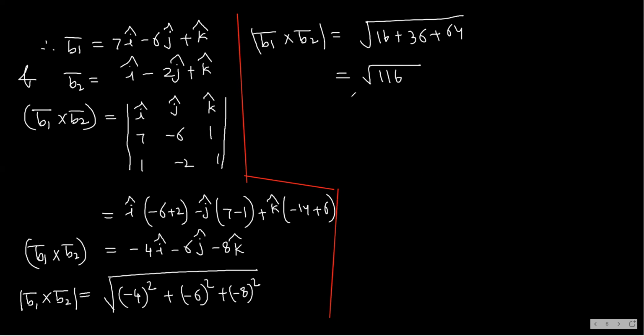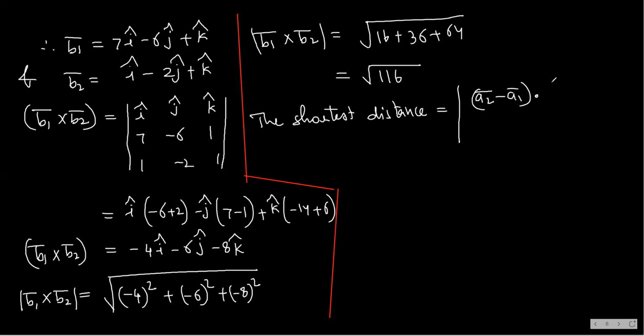Okay, square root of 116 we got. That's fine. Now I write the shortest distance equals mod of a2 bar minus a1 bar dot b1 bar cross b2 bar upon mod of b1 bar cross b2 bar.